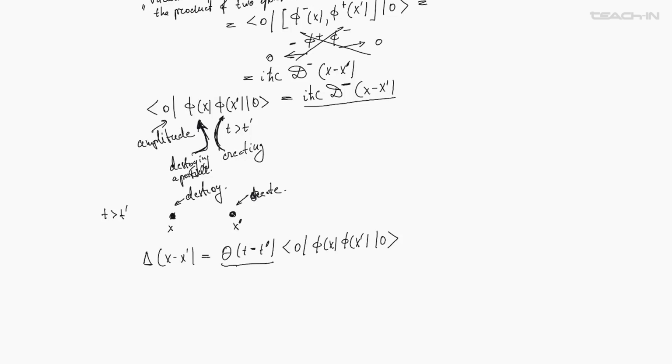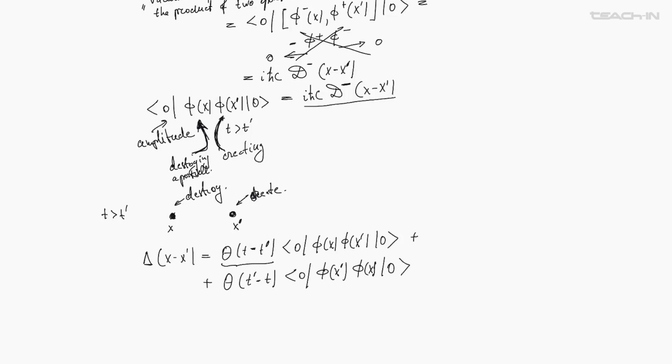But to this, you add a theta function with an opposite argument, so t prime minus t, and simultaneously you change the roles of creation and annihilation with respect to the points x and x prime. So you write it in this way, which now tells you that at an earlier time t, you create a particle at x.